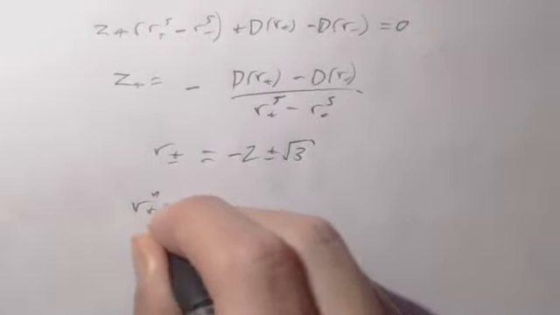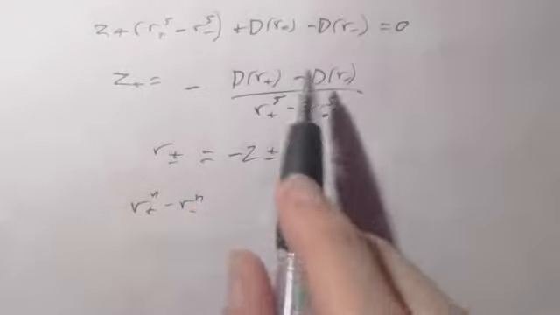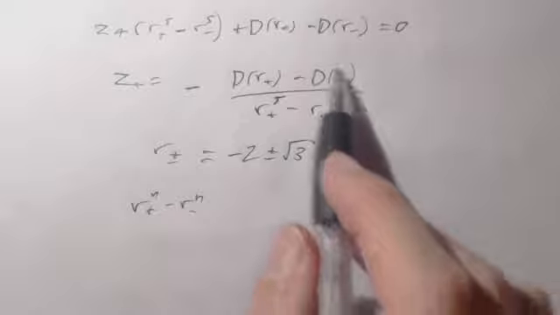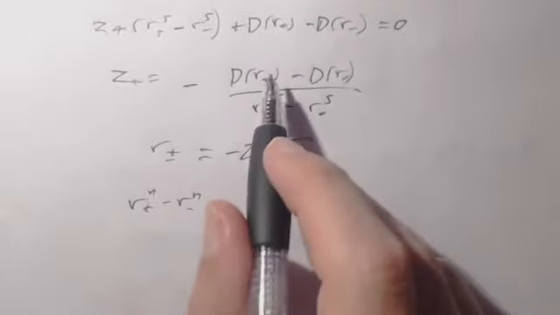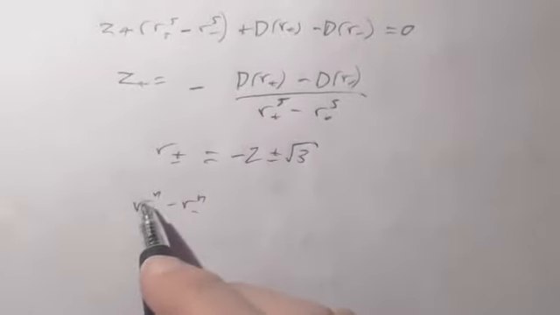So r plus to the n minus r minus to the n, because if we unpack this, the r's only ever occur in this form.